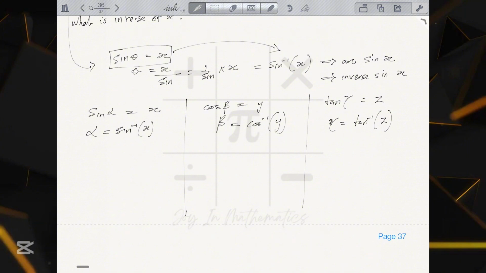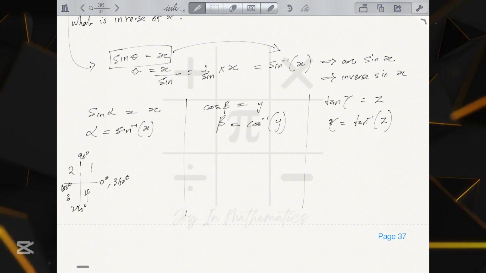Now, we understand that in the quadrant section, we had 0 degrees, 90 degrees, 180 degrees, 270 degrees, and 360 degrees. So we're able to depict the range of the first quadrant, the second quadrant, the third quadrant, and the fourth quadrant.